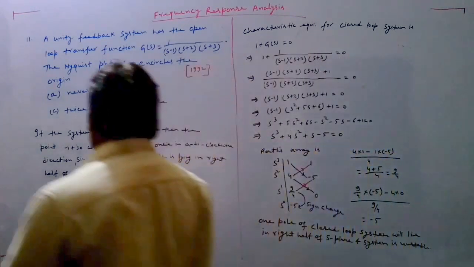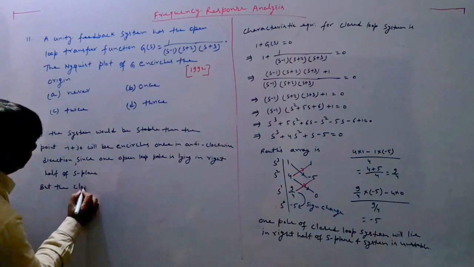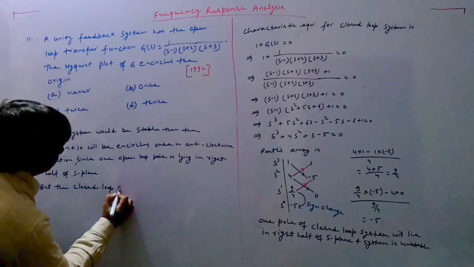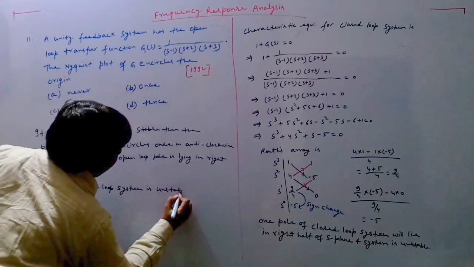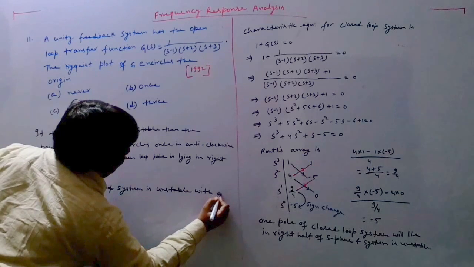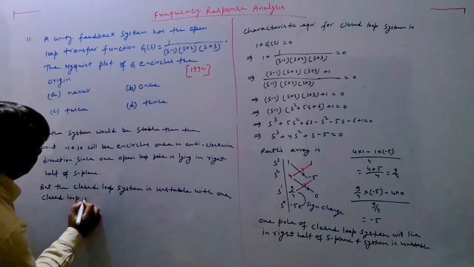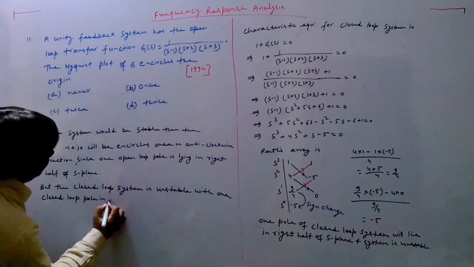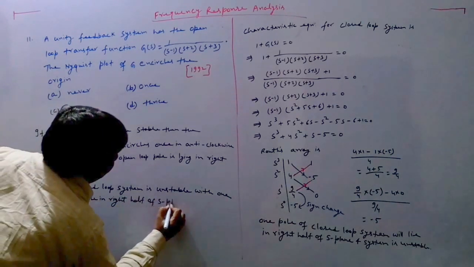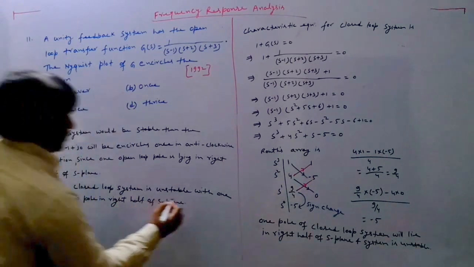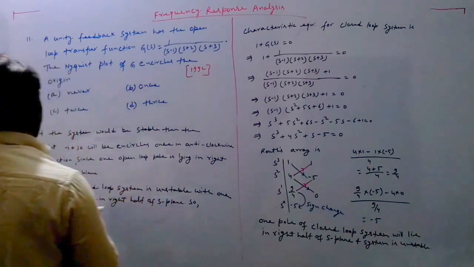But the closed loop system is unstable with one closed loop pole in right half of the s-plane.